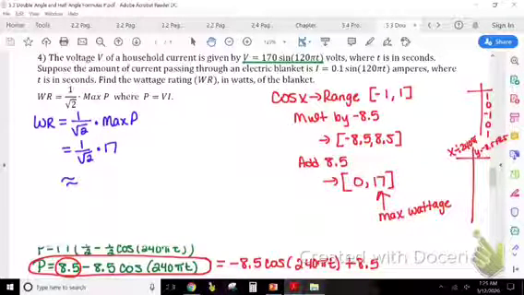And what is that approximately? Anybody got a calculator? All right, so we put that in our calculator. And what did you get? I got 12. I did too. So 12 watts.